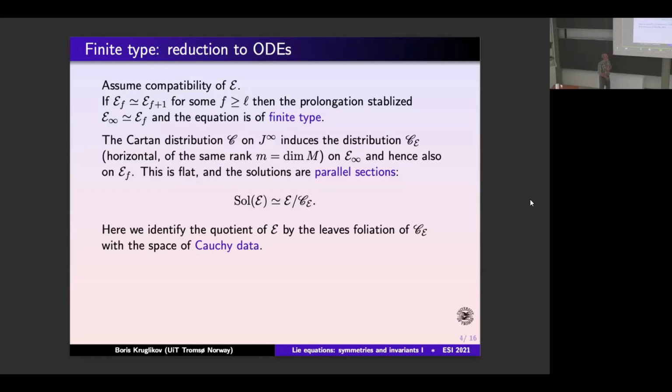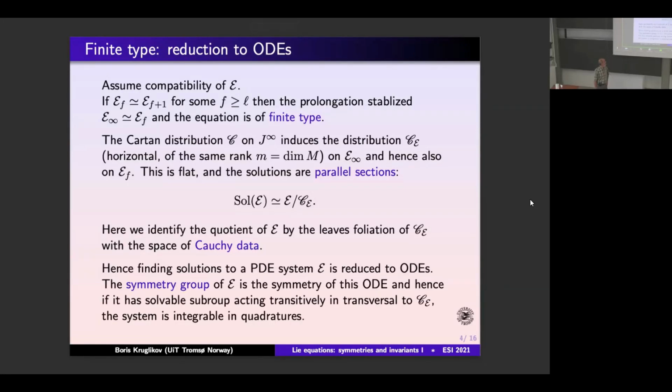Yeah, okay. So we can just view it as a local quotient of E by the foliation, and this will be identified with the solution space, which is defined by this Cauchy data. It's a pretty local construction here. Hence, finding a solution for a PDE system is, in this case, reduced to ODEs.